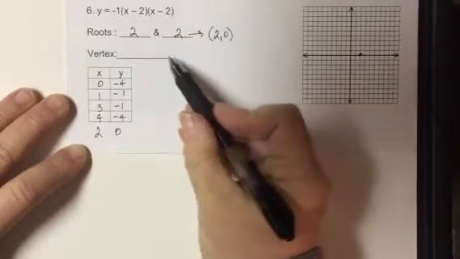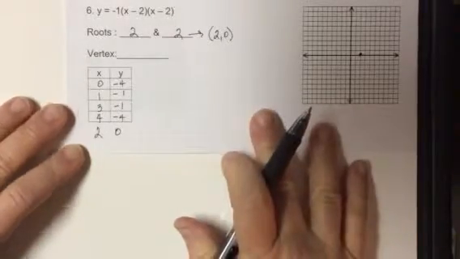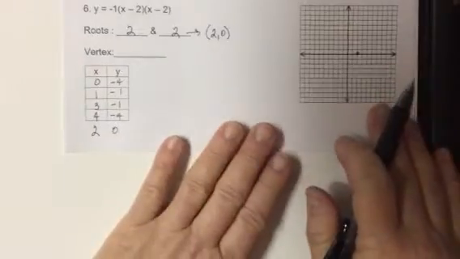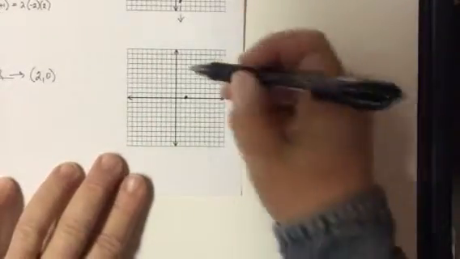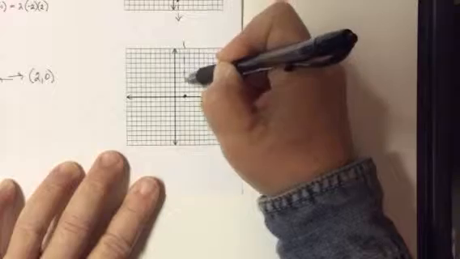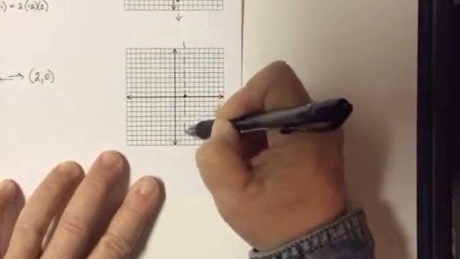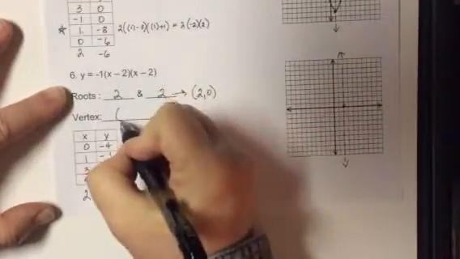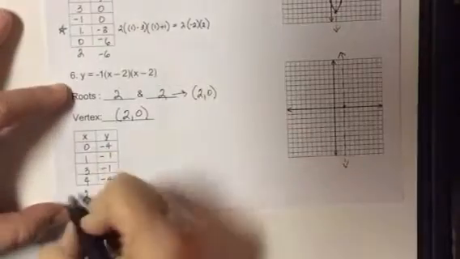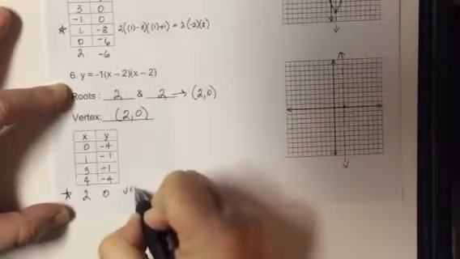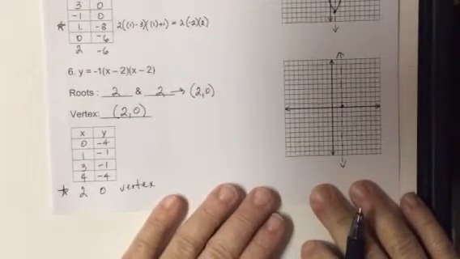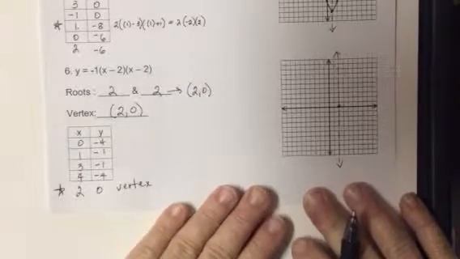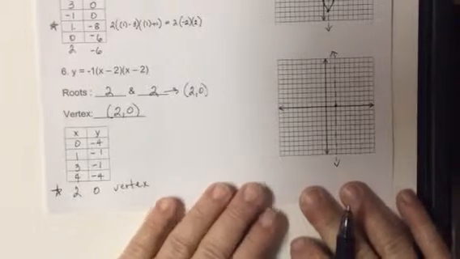So the one, of course, that is most important to us is going to go through this point 2, 0, because that is going to likely be our vertex. All right, so 2, 0, and this is our vertex. All right, so I'm going to fill in the rest of my points. You can pause and do the same thing and then check to see that we agree.